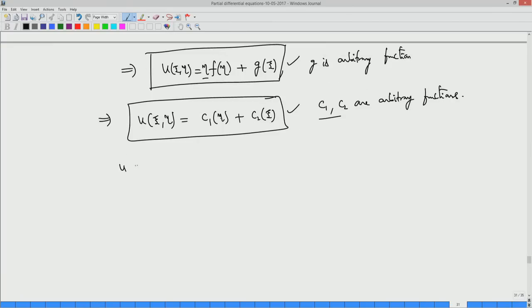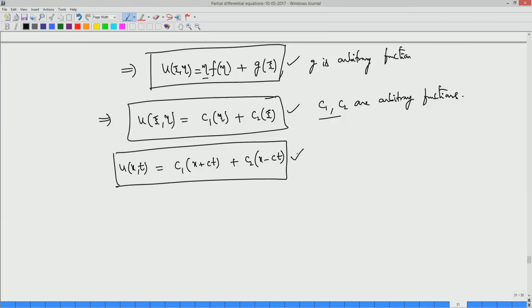Now, in the older variables u(x,t), what happens? C1 of η is C1 of x plus ct, and C2 of ξ is C2 of x minus ct. So this is your general solution of the wave equation.